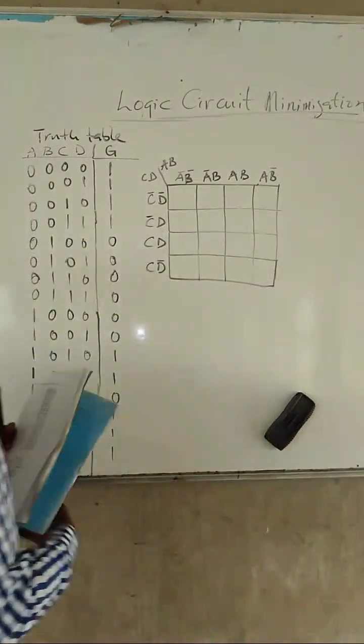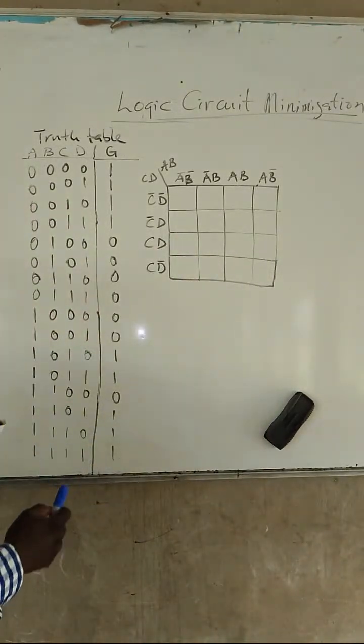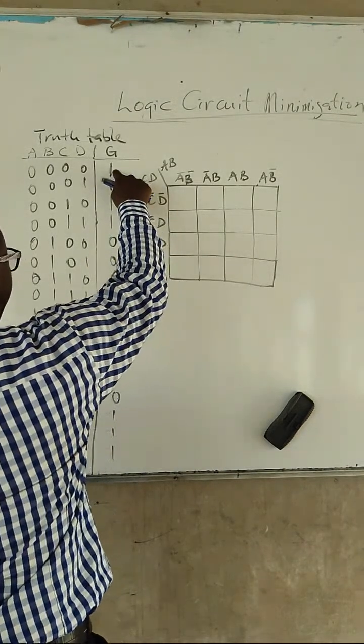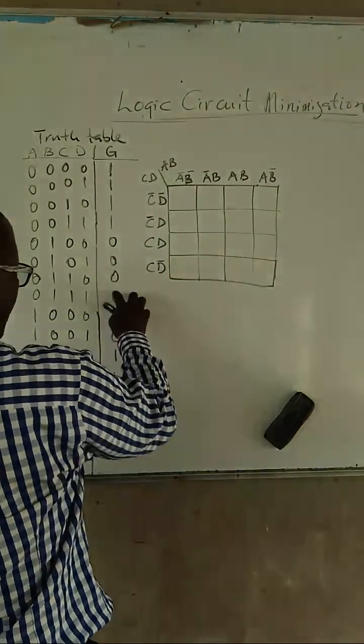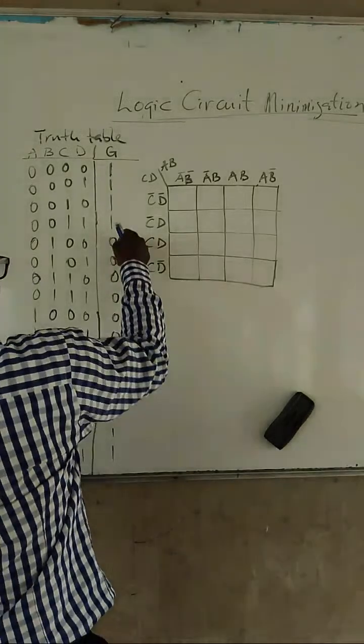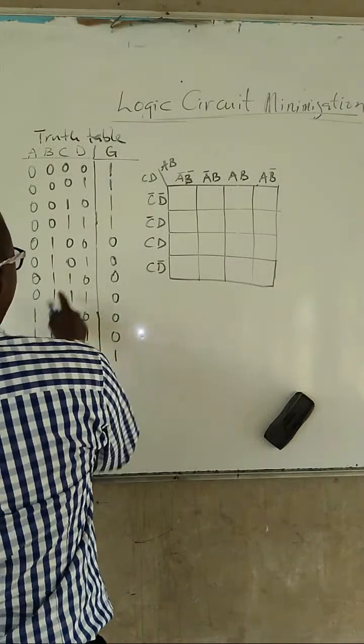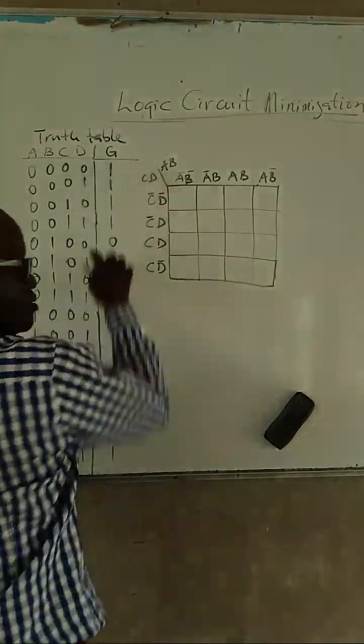Our Karnaugh map is standing there. So look at how we are going to map them in. Anywhere we have a high at the output is where we are interested. All these 0s, we are not interested in them. So we look at wherever we have a 1 at the output.